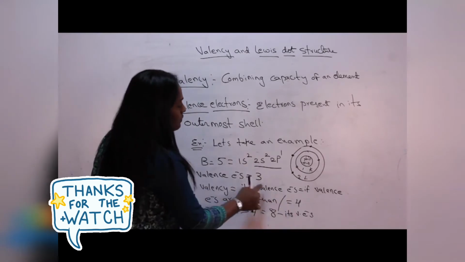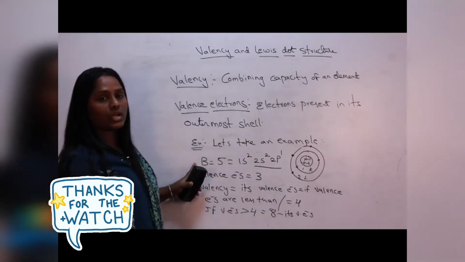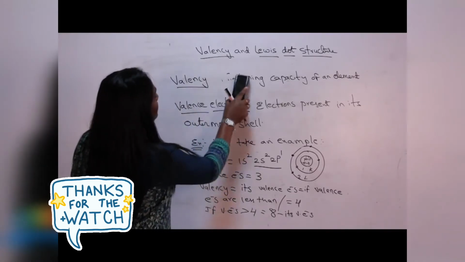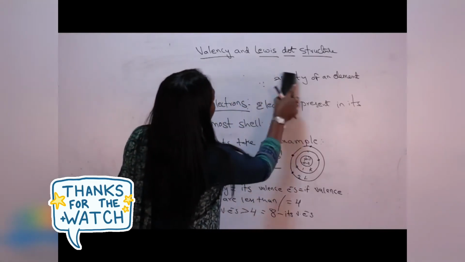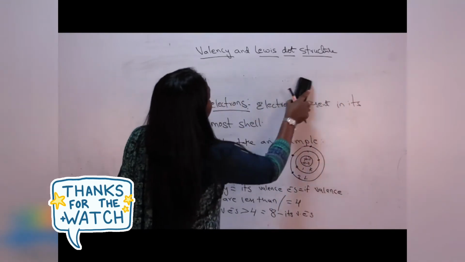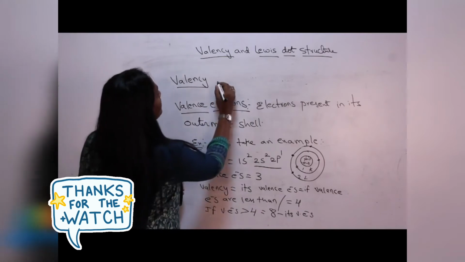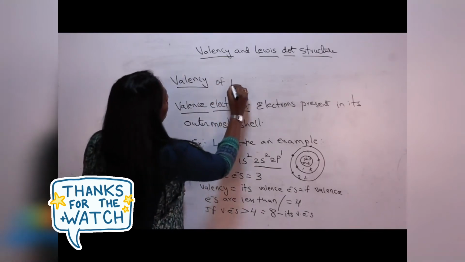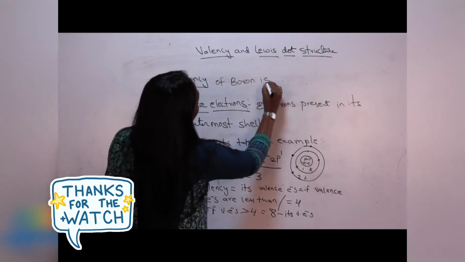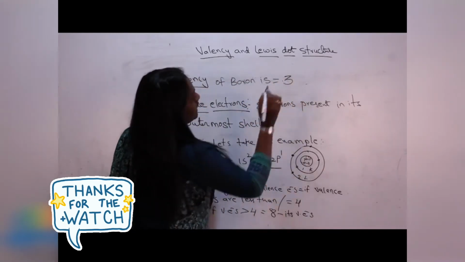It is less than 4. That's why the valency of boron is 3.